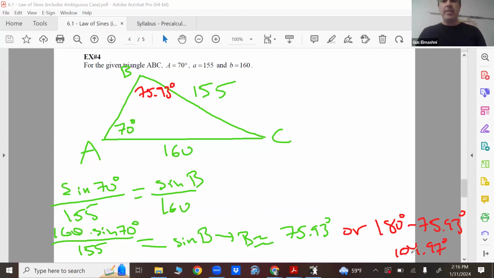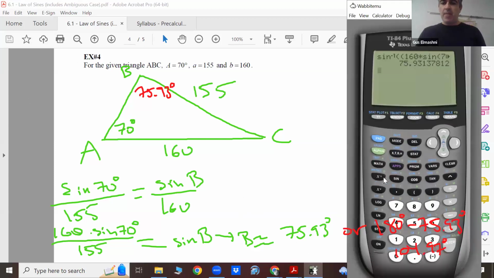You can get 104.07. Here's the reason why. First off, 160 times sine 70, I should have actually calculated that, divided by 155 is 0.97, right? So the sine of 75.93 is 0.97.